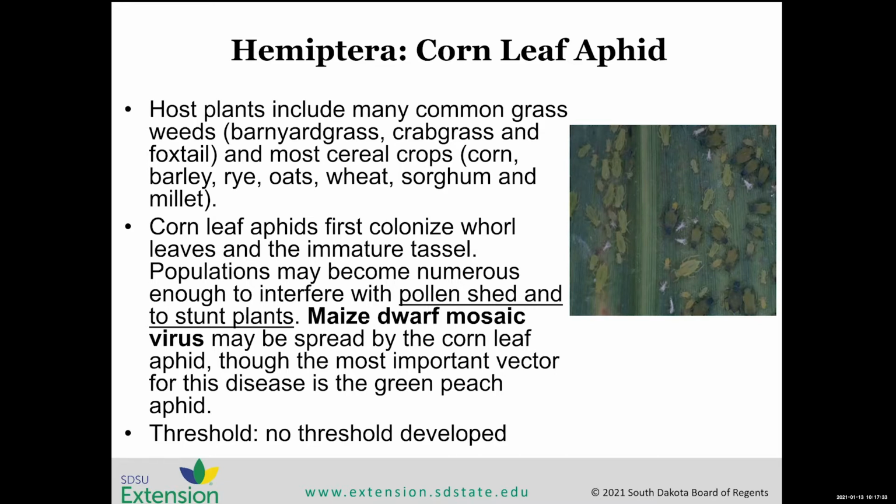The major reason we mention them is that they are a vector of maize dwarf mosaic virus. Normally, a green peach aphid spreads it more, but just keep that in mind. If you have just a few cornleaf aphids in your field, not causing economic injury, they still could be vectoring that maize dwarf mosaic virus. Maybe Emmanuel will be covering that in his presentation.